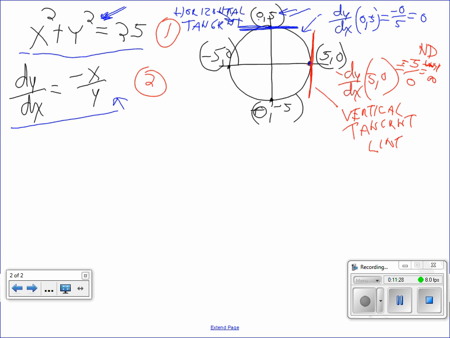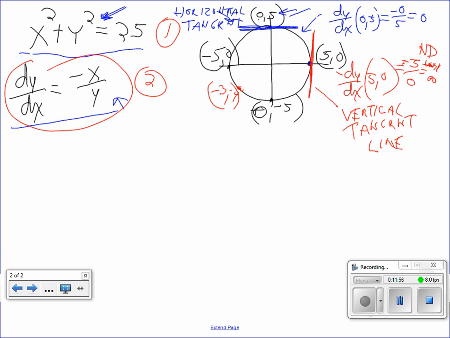Well, how about we pick another point and see if this equation still makes sense. Let's look at another point over here. How about the point minus 3, minus 4? Okay, that point right there. Notice this is on the circle.